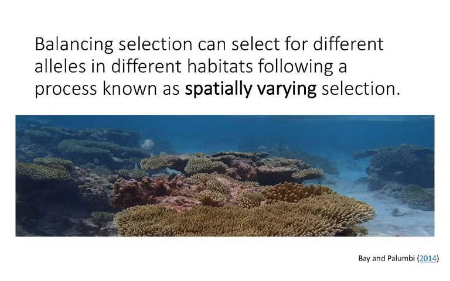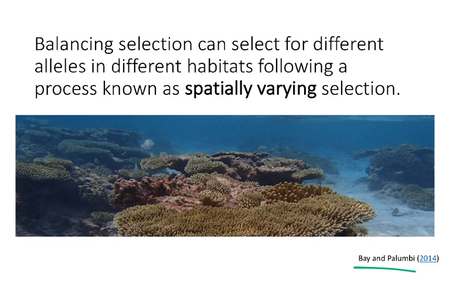An example where they have found this type of selection to be acting, this is the citation. Bay, she actually works at UC Davis, and they have looked at corals in Ofu Island, which is in American Samoa, and they study these corals in two different types of reef habitats. Depending on the particular location of the reef and how it's inundated by tides, some of those reefs are warmer than other ones.